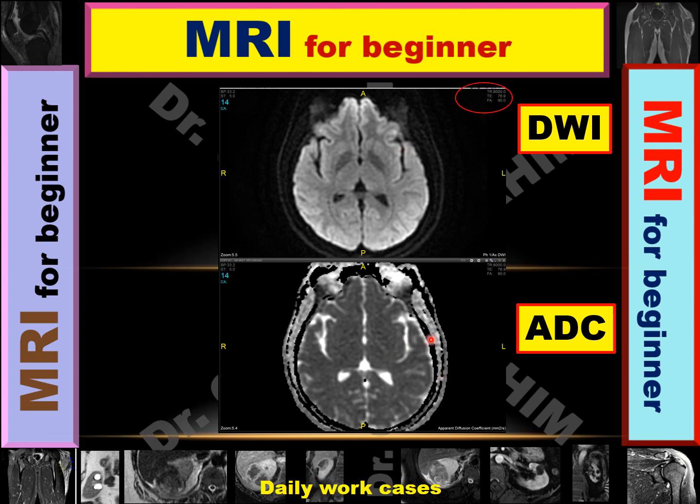Both images can also be identified another way, by parameters like TR, TE, and flip angle. These parameters represent the milliseconds of the radio frequency pulse which governs the production of these images, and by these parameters I can also define the MRI sequence.